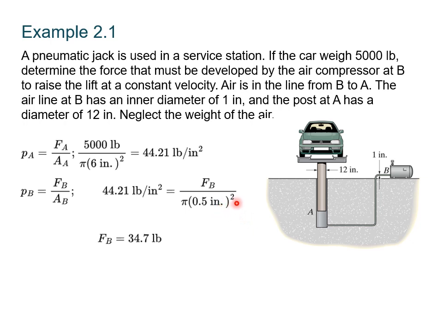So it's 0.5 inches squared. So you can solve for the force at B, which is 34.7 pounds. So this explains how 34.7 pounds exerted by the compressor can lift a 5,000-pound car, because of the way the lines are different areas, right?